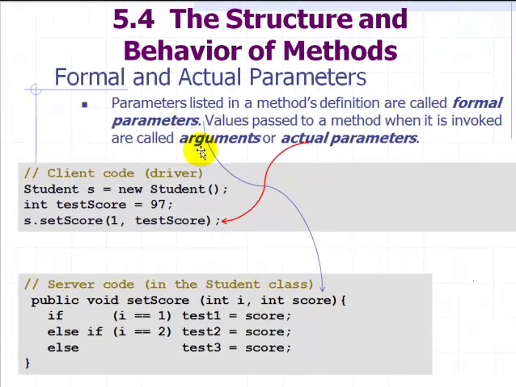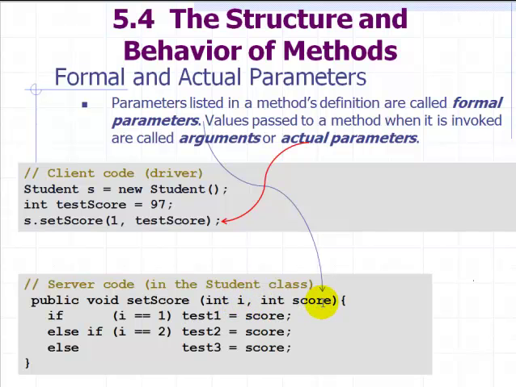The formal parameters are the parameters in that list, like we talked about when we were just making the method above. Inside this method, inside the student class, we want two integers. One we're calling i, one we're calling score. And like this arrow says, these are called the formal parameters of the method.